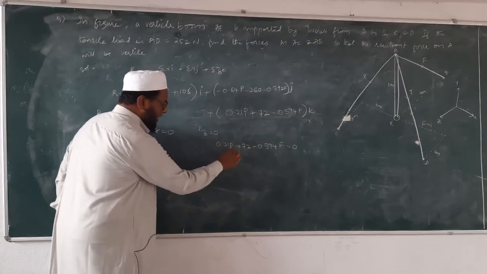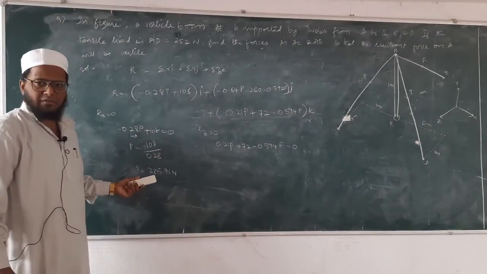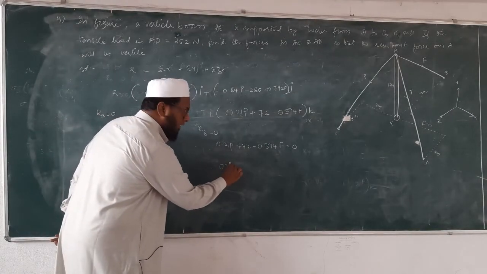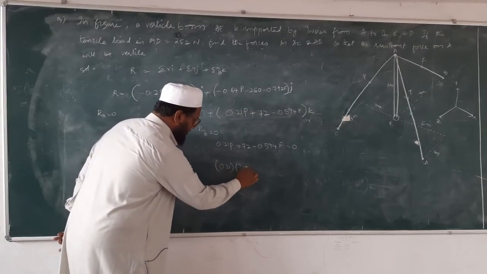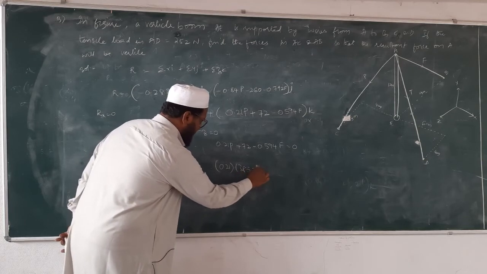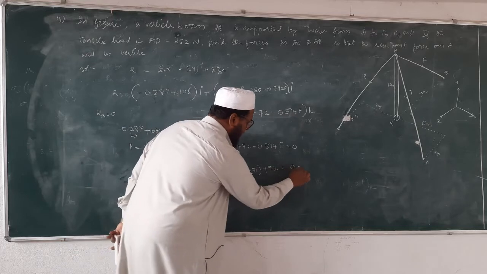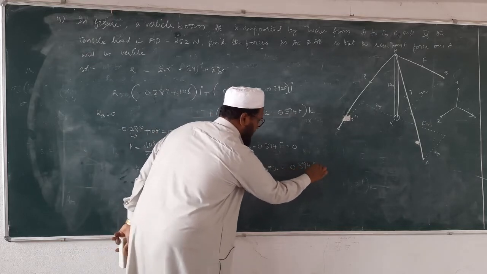We know the value of P, right? What is the value of P we got? So 0.21 into 385.71 plus 72 is equal to 0.594 F. Yes?